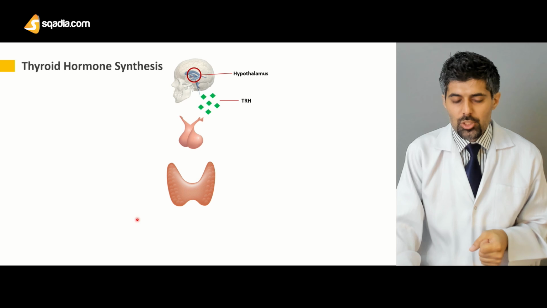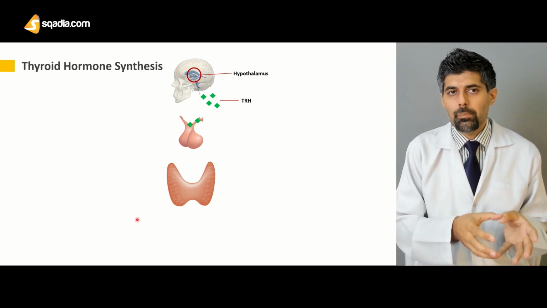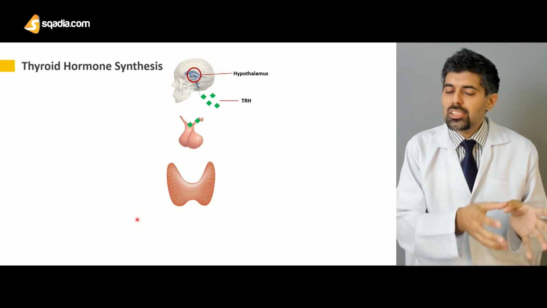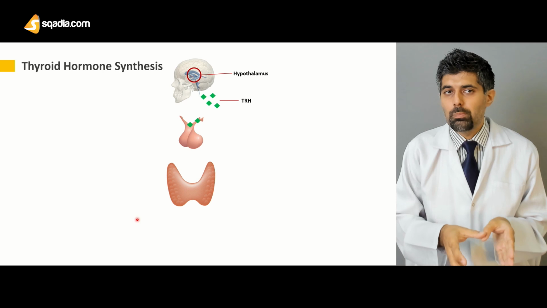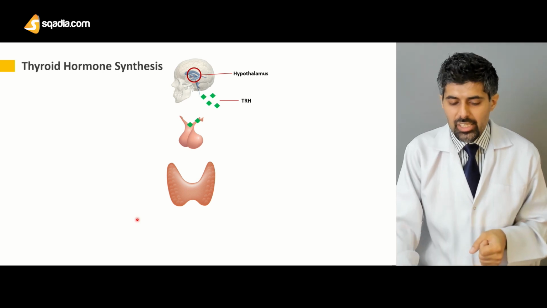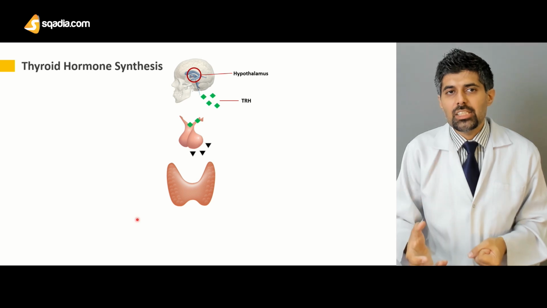And this TRH then gets attached to the anterior pituitary. Now it gets attached to the thyrotrope cells of the anterior pituitary. And when it gets attached to the thyrotropes, it releases the TSH.